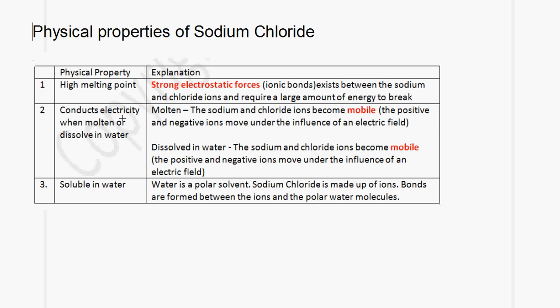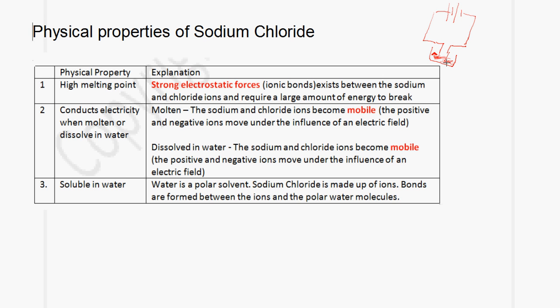Sodium chloride conducts electricity when molten or dissolved in water. When it is molten, the sodium and chloride ions become mobile. That is, the positive and negative ions move under the influence of an electric field. So for example, if we have an electric circuit, and we have a container with sodium chloride crystals.